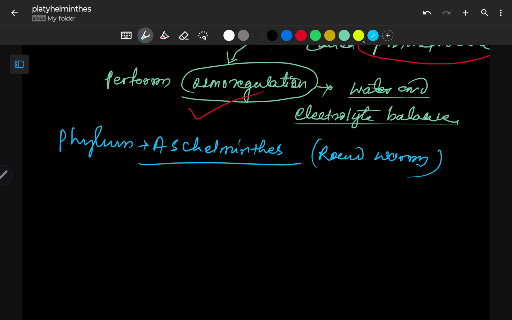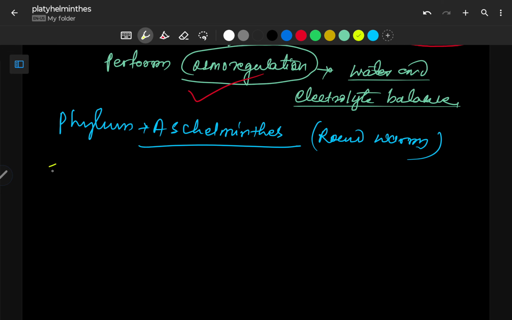So now come to their general features. Okay, they are cylindrical. Because they are cylindrical, they are circular in their cross section.